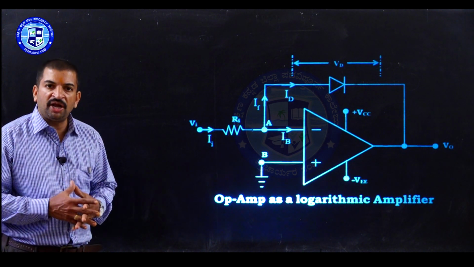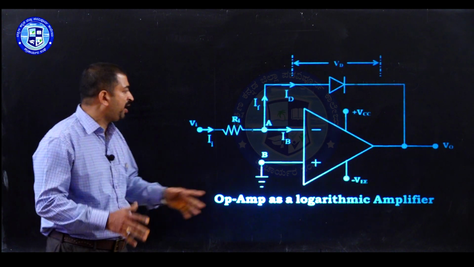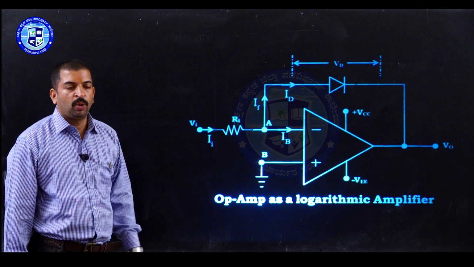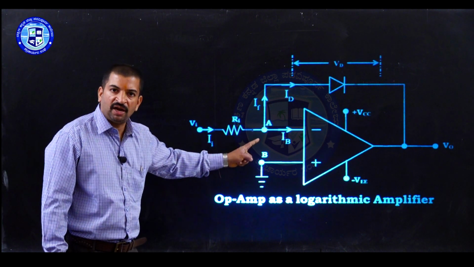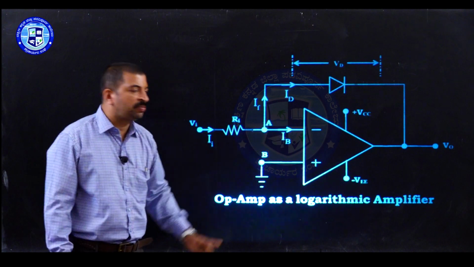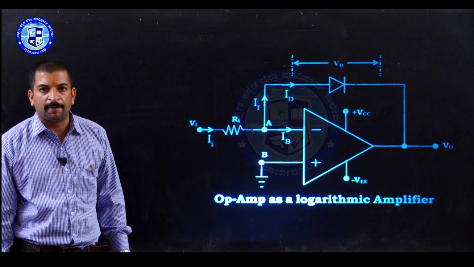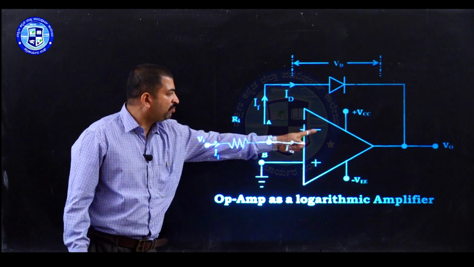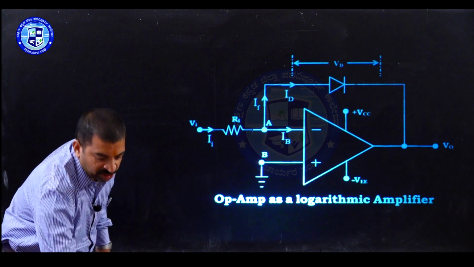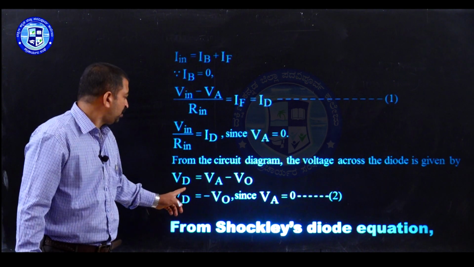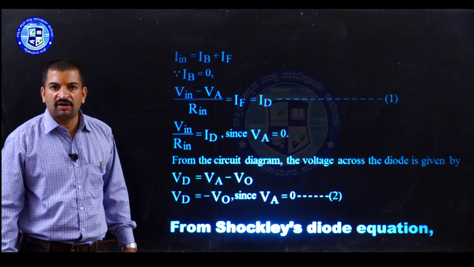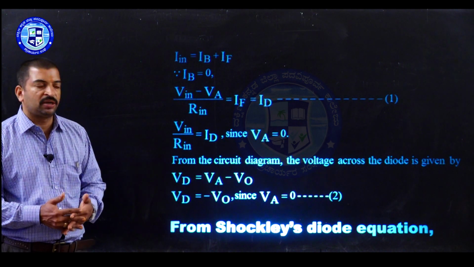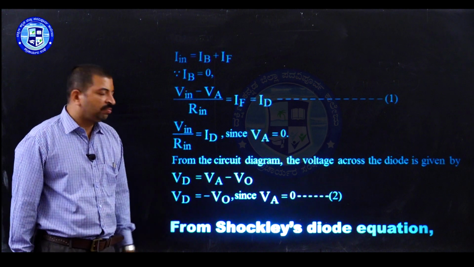Therefore, the voltage across the semiconductor diode is given by Vd equal to Va minus V0. Since Va is equal to 0, we can write Vd equal to minus V0.